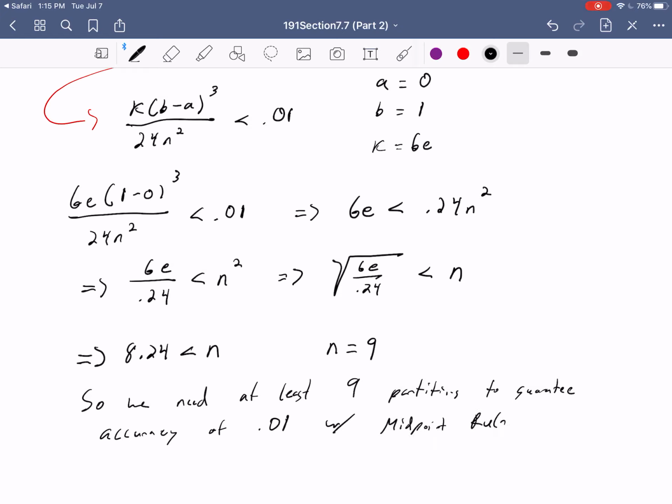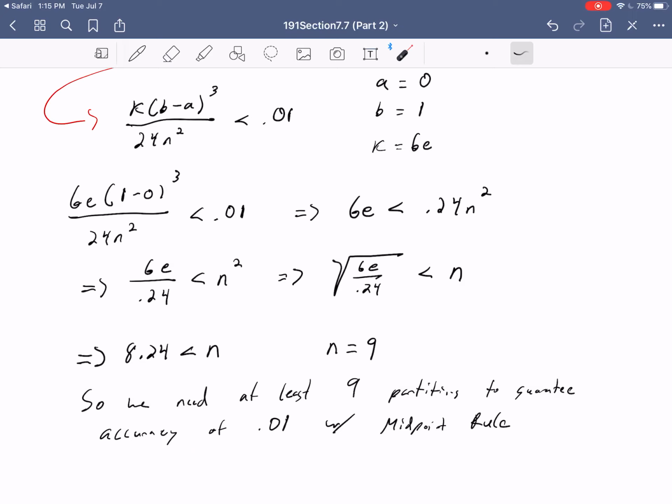So notice that the midpoint rule, because it has that 24n squared in the denominator as opposed to 12n squared, you can use fewer partitions to guarantee the same level of accuracy. So you would need fewer computations to guarantee the accuracy to within 0.01. Again, if you did choose 9 or 10 or 11 partitions, the accuracy might be much better than 0.01. Maybe it's 0.005 or something, but it's guaranteed to be at least 0.01.